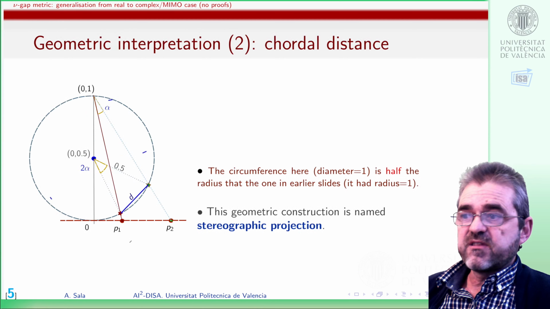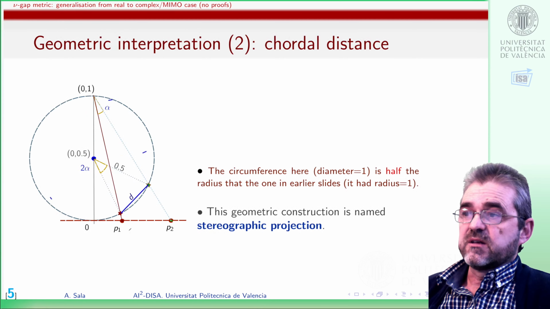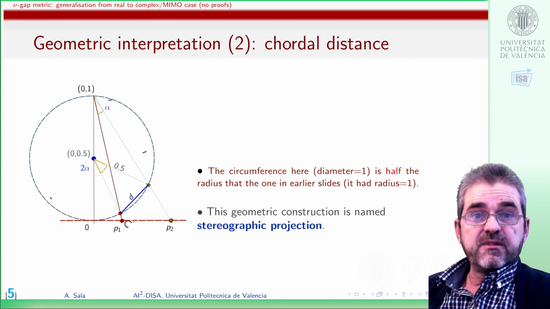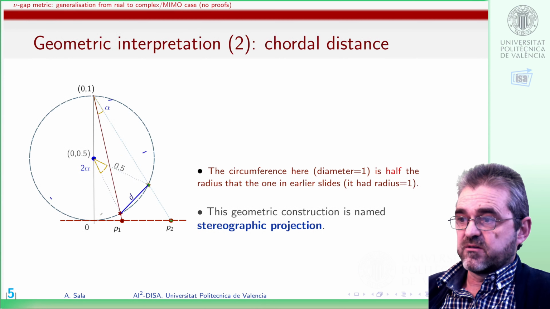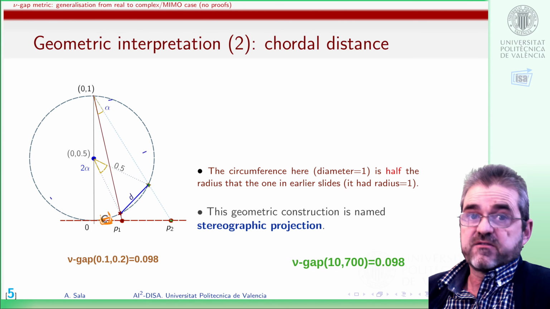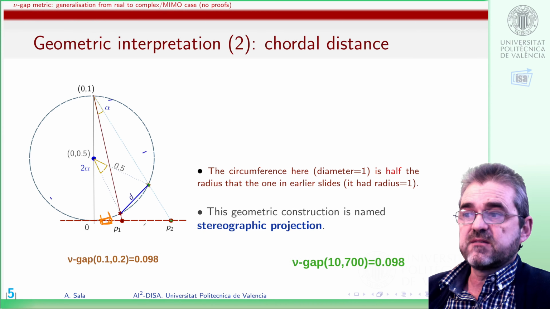And what's the meaning of this nu-gap? Well, the idea is that when P1 and P2 are close to 0, this distance is basically the same as the difference, the additive uncertainty on P1, let's say.